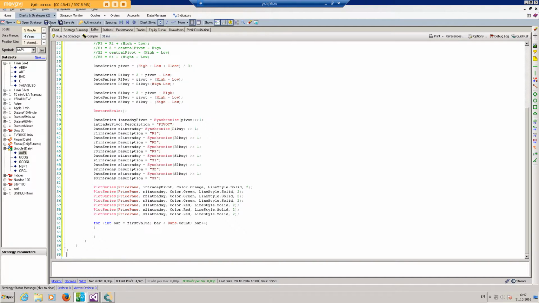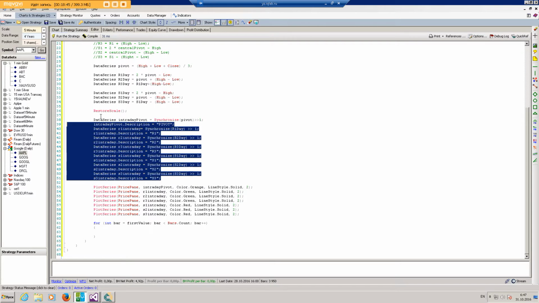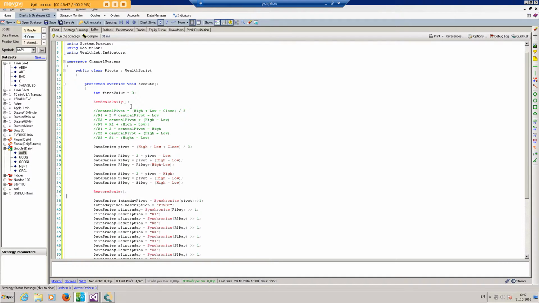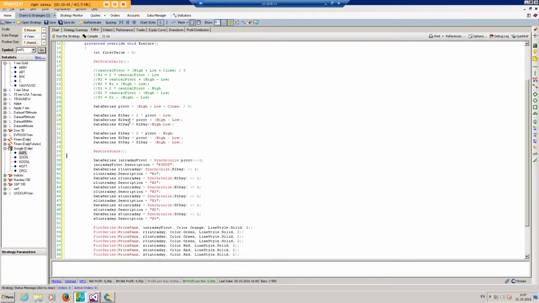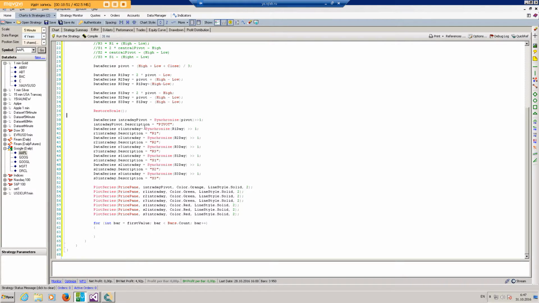So you have them plotted, and I guess there is an indicator for Wealth Lab that just does that, but now you know how to do it from the inside, and maybe someday I'll show you how to do an indicator from these pivots like yourself.